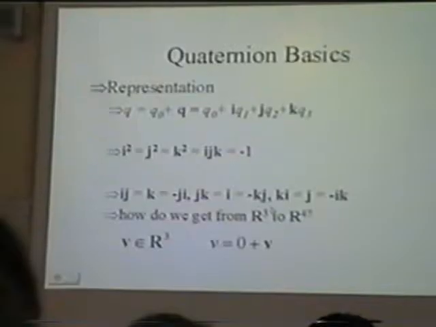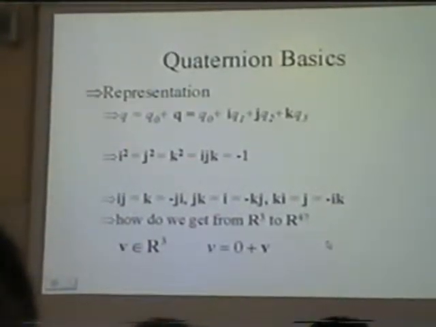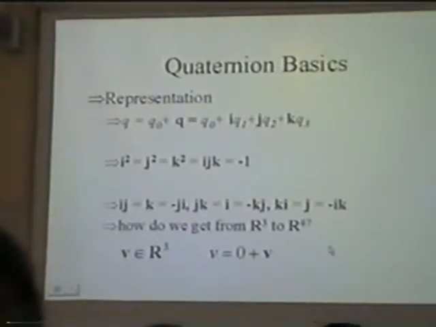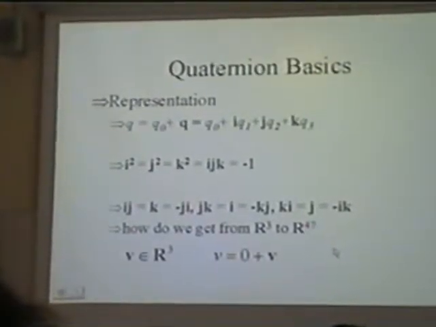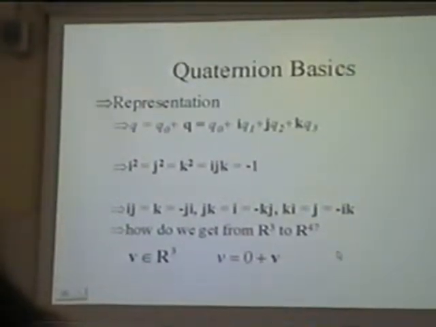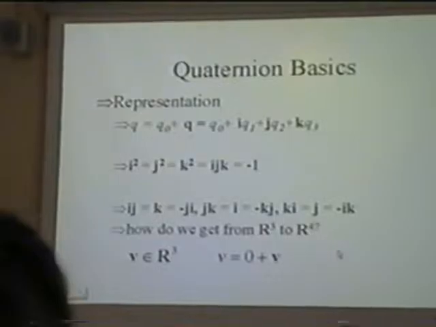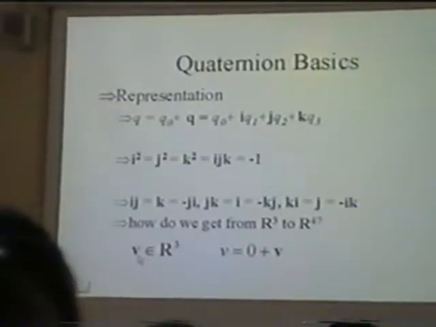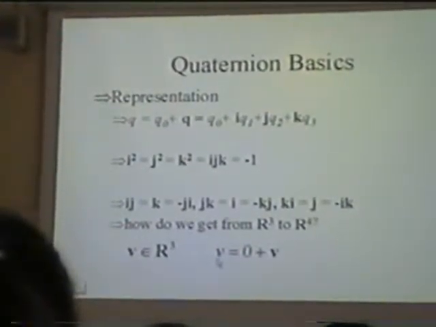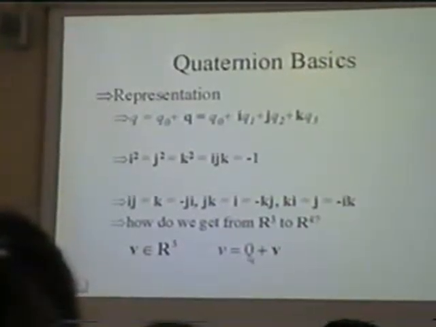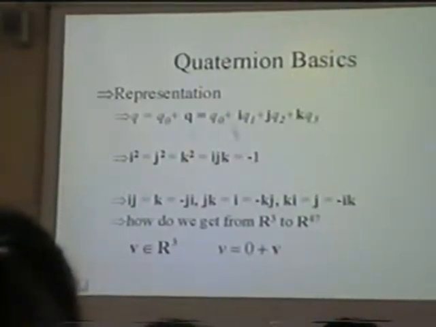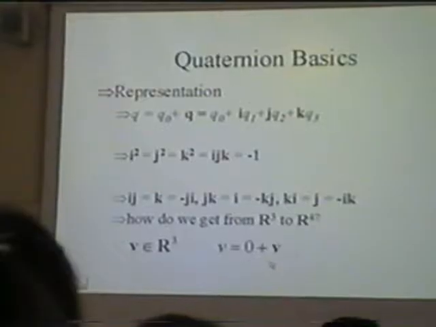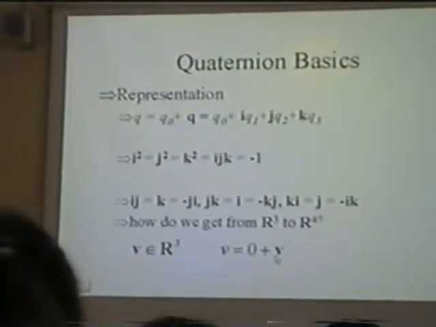And there are the following properties we have in there. You might be saying, okay, well, you have this thing in R4, and we want to rotate things in R3. Well, how do you get there from R3? Well, it turns out we use something called the pure quaternion, where we have a vector B that exists in R3. Its quaternion form can be represented by the scalar part of the quaternion, Q naught, being 0, and then the rest of it is just a normal vector.